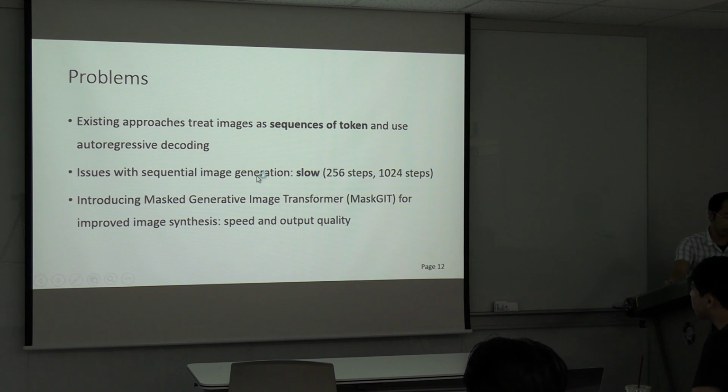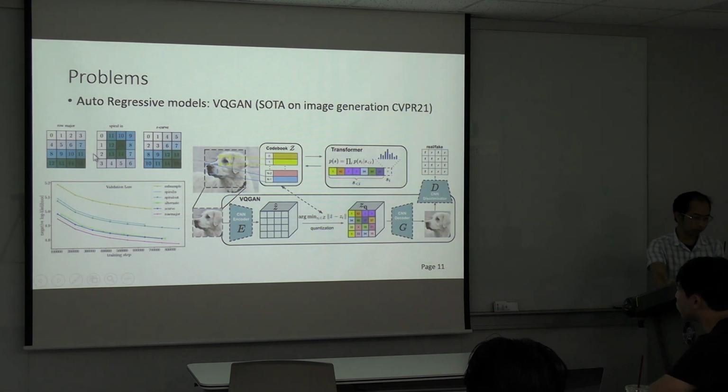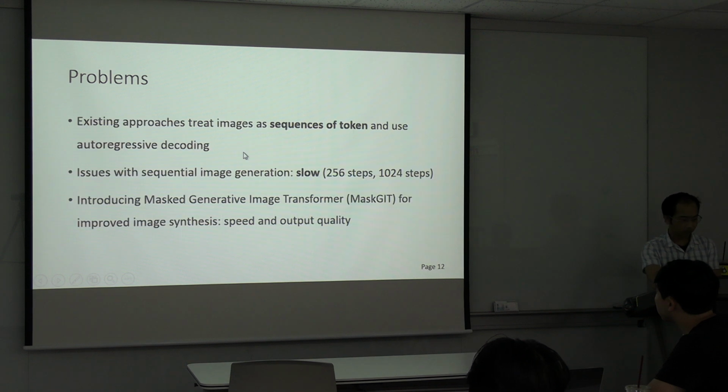For example, on this image, the latent space would be 16 by 16, so this is around 256 tokens. Here we only have around 16 for illustration, but in reality we have 16 by 16. Given this input, the model will predict autoregressively for more than 200 steps.